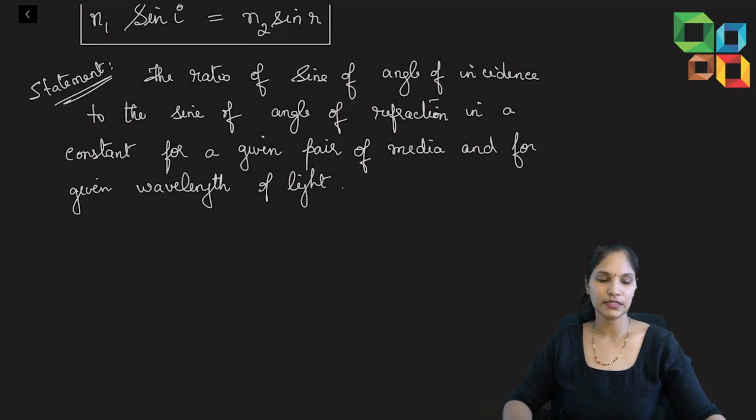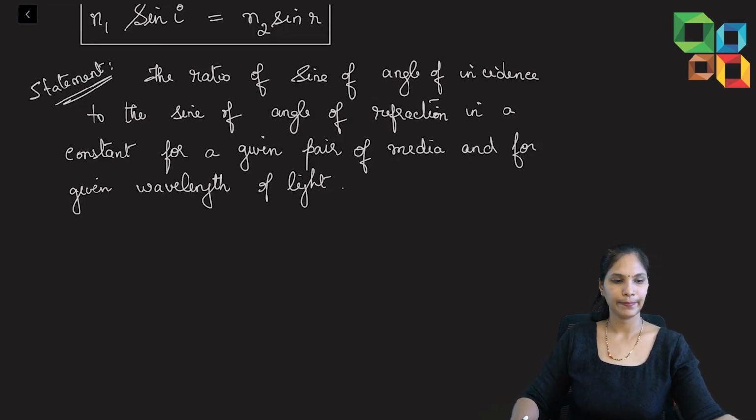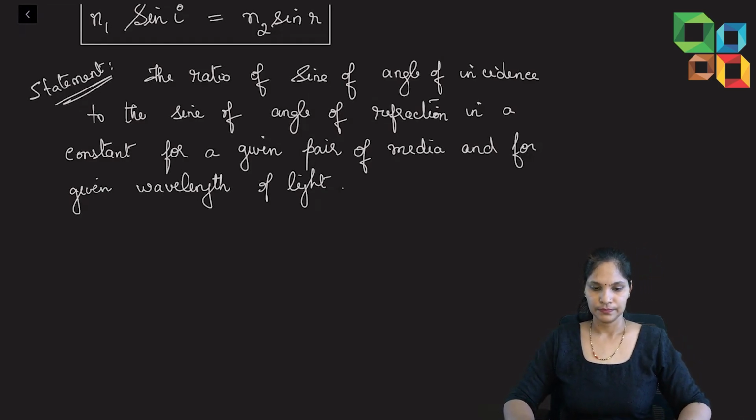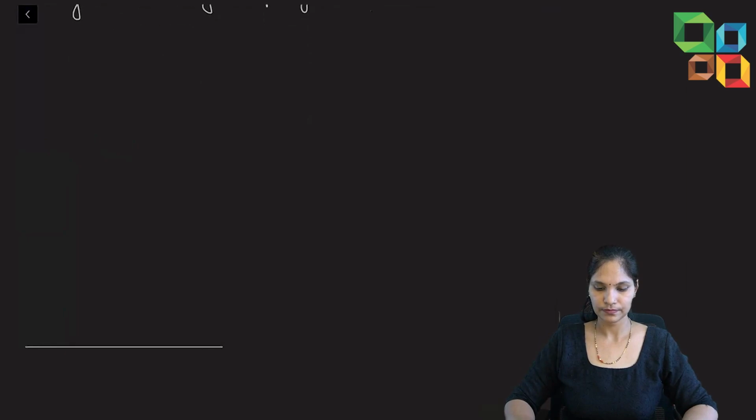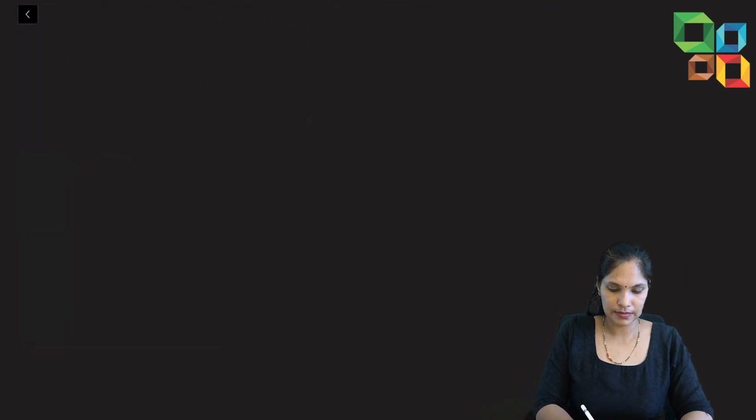So now after understanding so much about refraction, I think we can smoothly move on to how refraction happens through curved surfaces, that is lens, right? Okay, let's begin with lens.